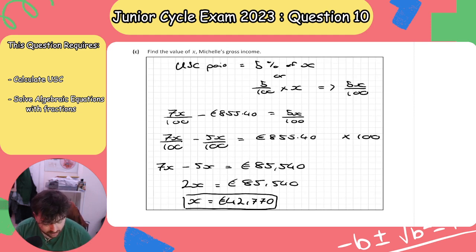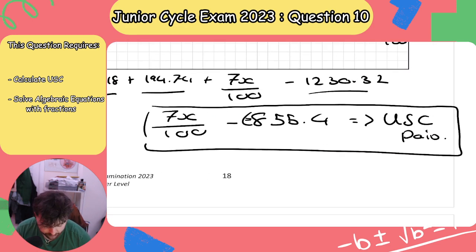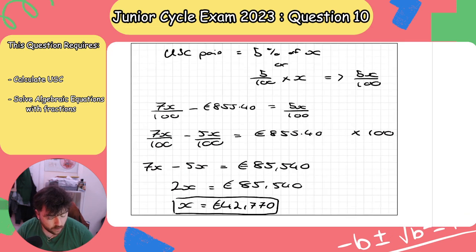We can double check our answer by subbing it back in here. If I sub my 42,770 back into my original expression, we'll see if it works out. So I'm going to have 7 times 42,770 over 100 minus 855.4. That gives me 2,138.5 euro. Multiply that by 20, I'm going to get 42,770. Yeah, so it works out.